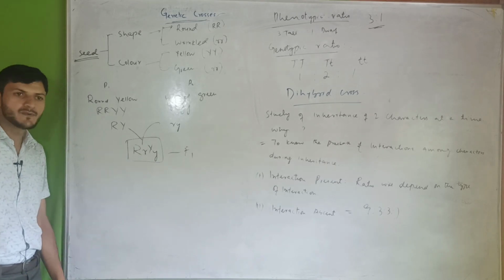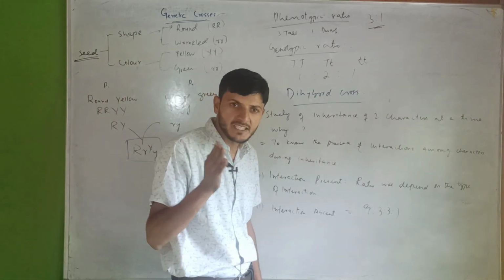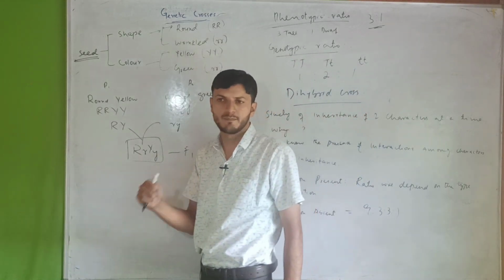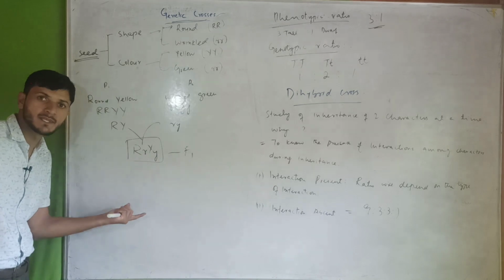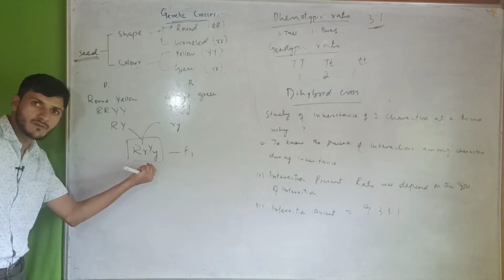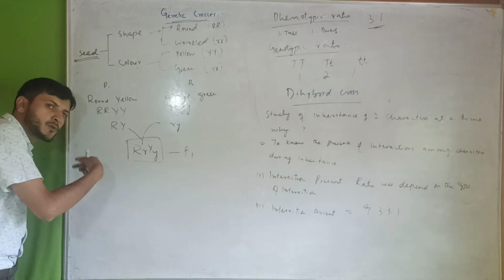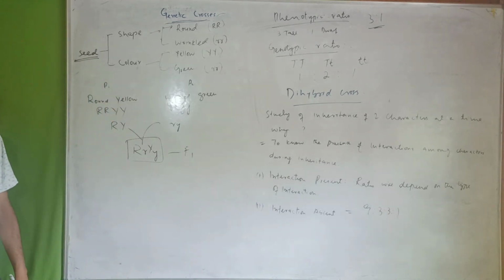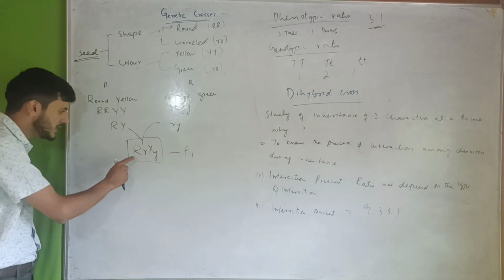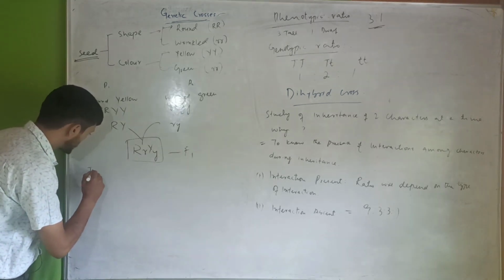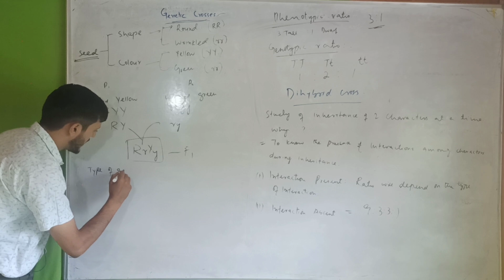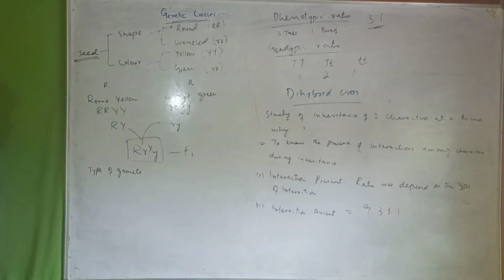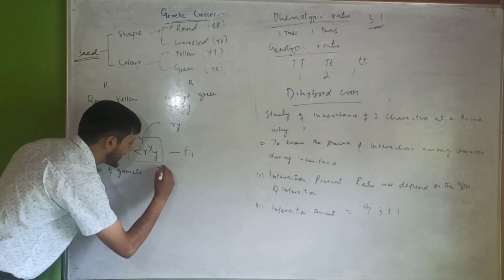Now, we have to find out the types of gametes. How many types of gametes are produced from the F1 hybrid? Because we have to perform the self cross. Now we have to do selfing. For selfing, we have to find out the different types of gametes. To find the type of gametes, we use the formula 2 raised to power n.